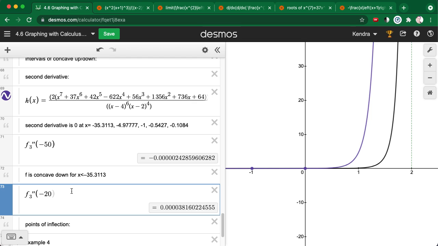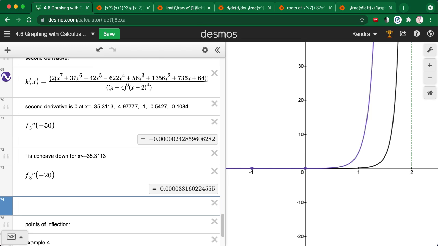So that is positive, so that tells us that f is concave up for x between -35.3113 and -4.977.